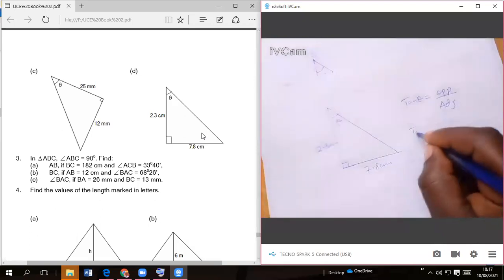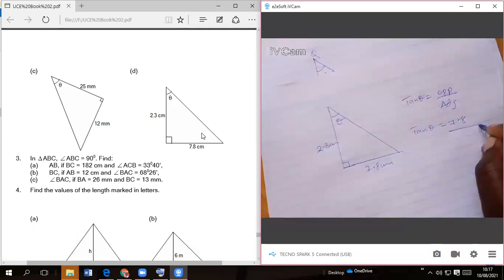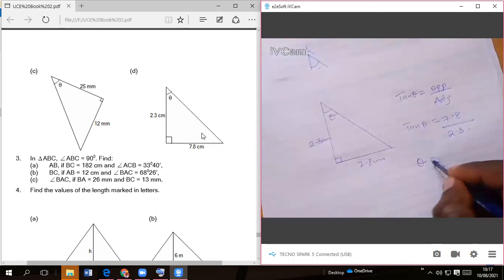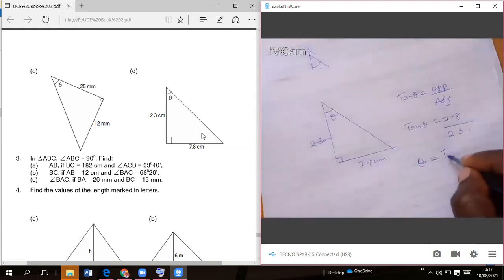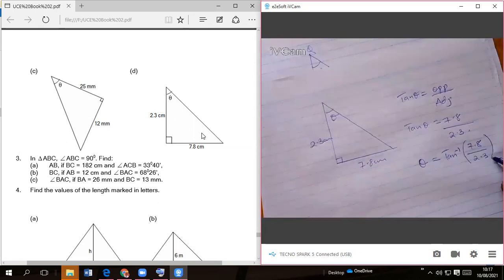So tan theta equals the opposite, which is 7.8, out of the adjacent, which is 2.3. So to get theta, get the tan inverse of 7.8 divided by 2.3.